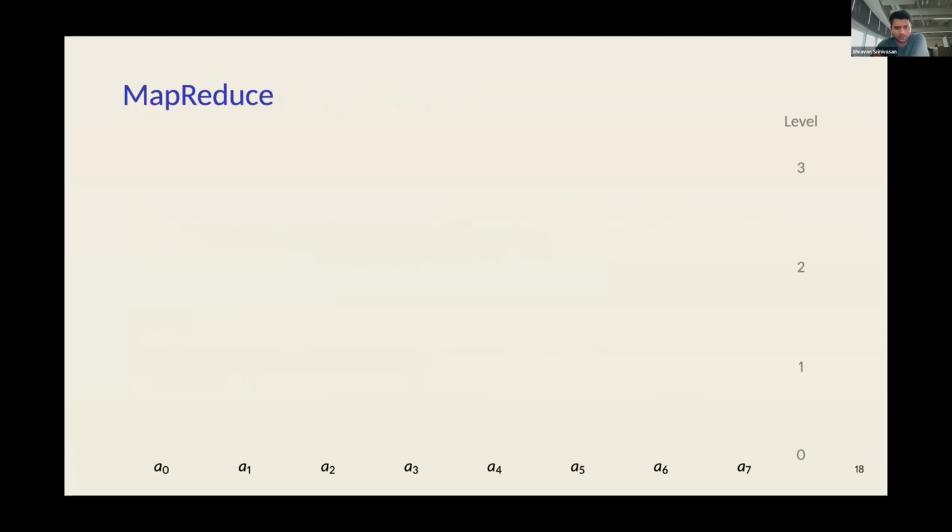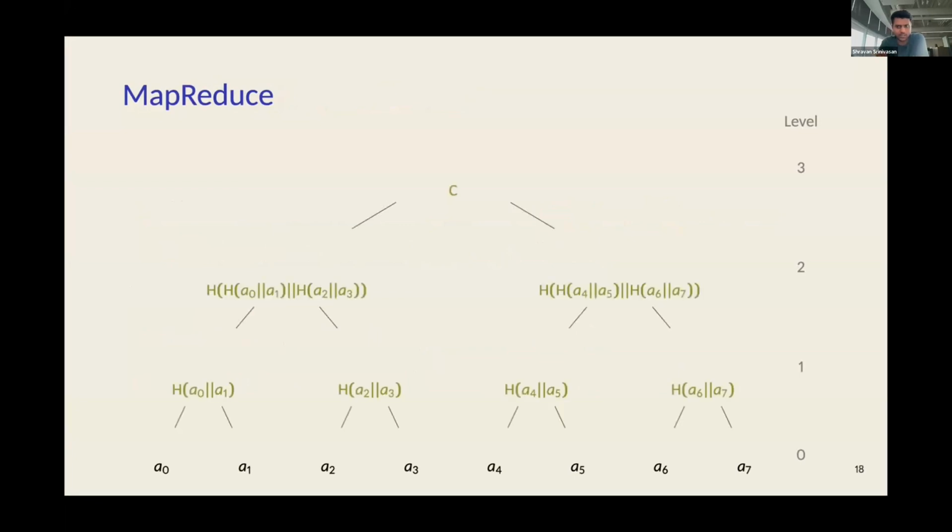This general idea of batch proofs can be generalized to perform map-reduce style computation. Let's say that you have A0 to A7. These values are committed using Merkle trees, and let the commitment be C. We can map the leaf values based on some predicate that is encoded in the computation of map, and it returns the intermediate values to the next level.